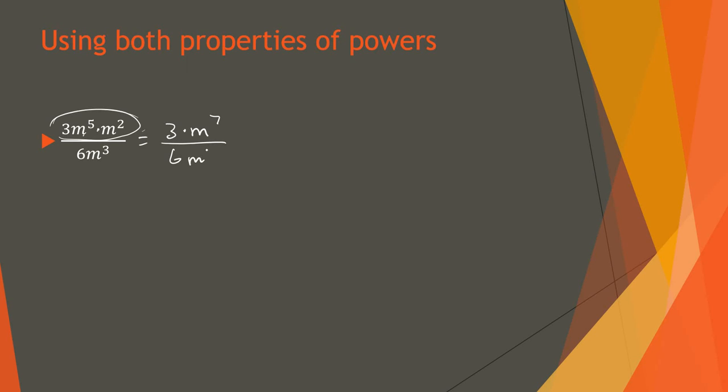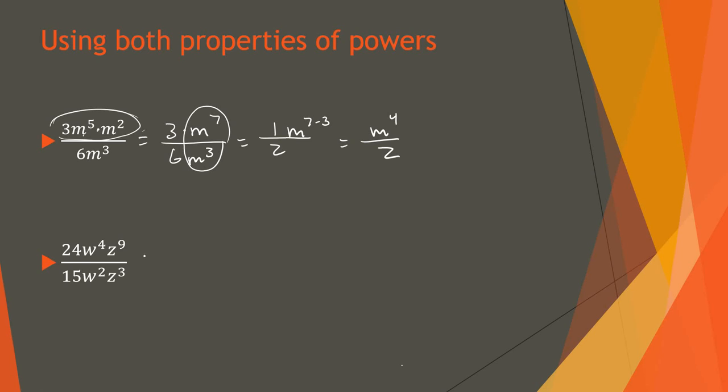And the bottom is just 6 over m cubed. Now, 3 over 6 is 1 over 2. m to the 7th over m cubed would be m to the 7 minus 3, so m to the 4th over 2. I know this is a little confusing, but we're going to do plenty of these in class together.